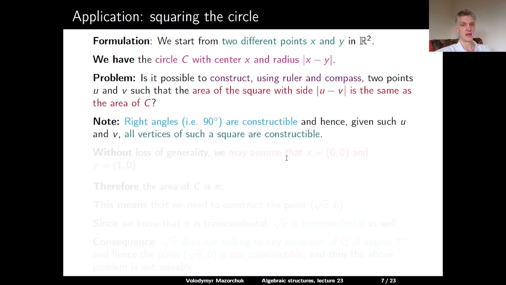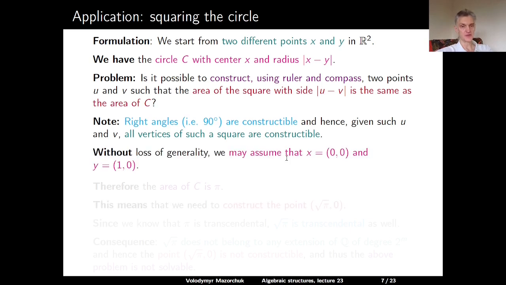C? Let us note that right angles, so the angles pi over 2 or 90 degrees, are constructible, and hence, if we have such two points u and v, we can construct all other vertices of the corresponding square. That is no problem. Now, whether we can solve this problem or not.